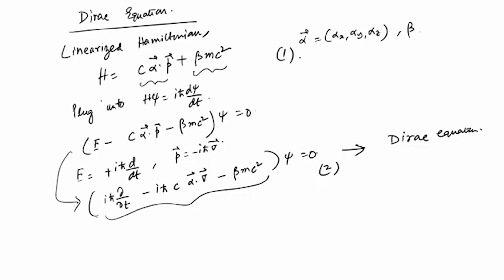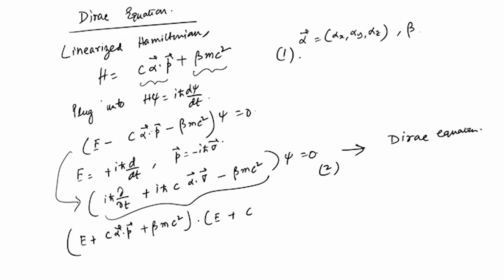So we operate this equation by the underbraced operator, which gives E plus c alpha dot p plus beta m c squared. I am writing this from one step above. Since p is negative there, there is a plus sign here.